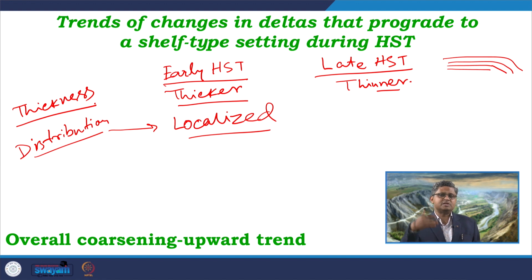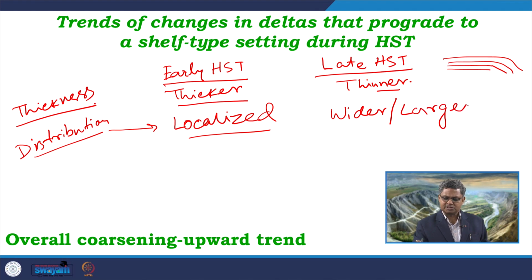But as time progresses and we move from early HST to late HST, the entire basin will be covered by this delta system through its progradation. So, definitely the size of the delta will be much bigger and its distribution much wider.